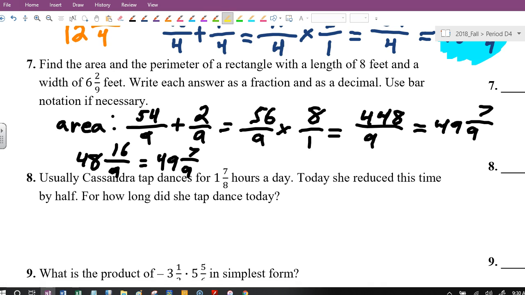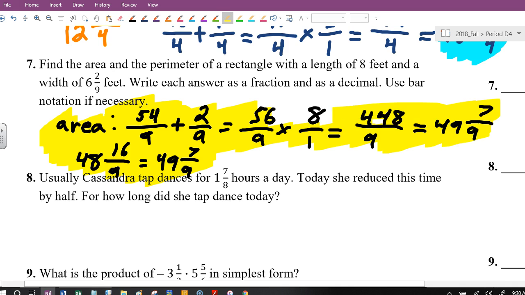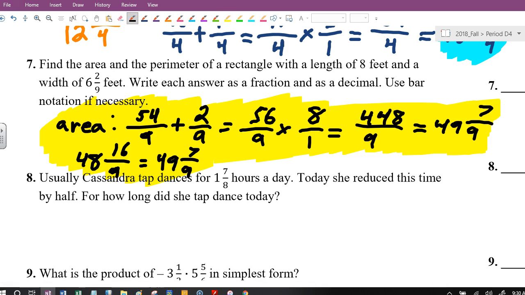All right. And what about the perimeter? For perimeter, would multiply 56 over 9 times 2, getting... So what would that get us? 28 and 4/9.